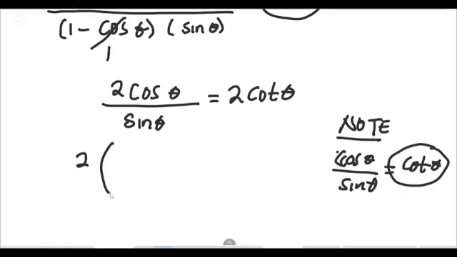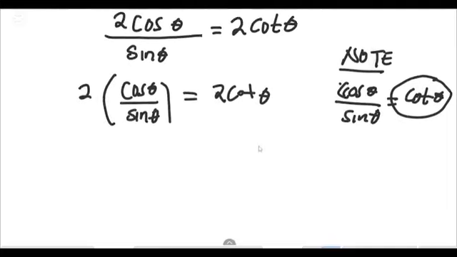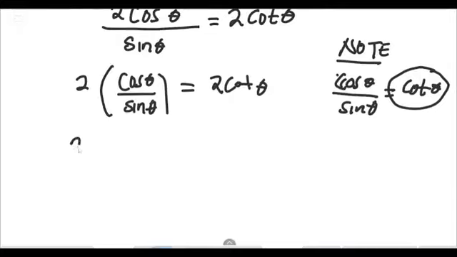You write a 2 here, then cos theta over sine theta, which is equal to 2 cot theta. We have said the identity for cos theta over sine theta is cot theta, so you can just substitute. So where there is cos theta over sine theta, we put cot theta, which is equal to the right hand side, which is also 2 cot theta.